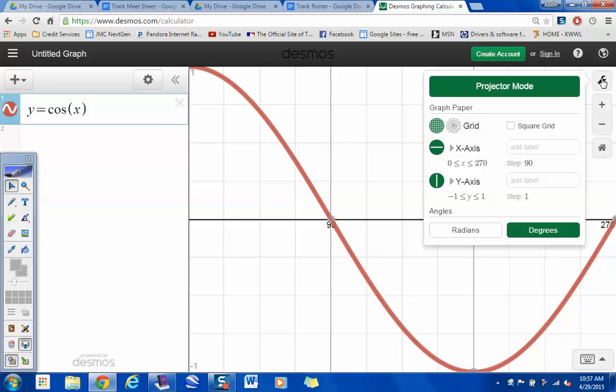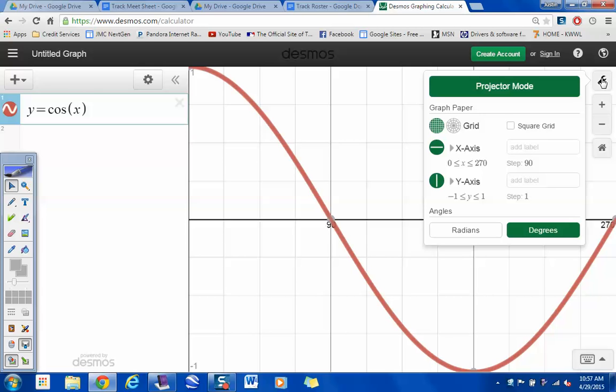And again, when we're talking degrees, what's a good stepping stone when we change quadrants? If you're in radians, what would be a good step? Let's see, 0 degrees here. What's 90 degrees in radians? Pi over 2. So if you had to be in radians, a good step would be pi over 2.